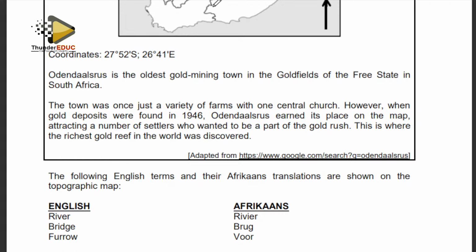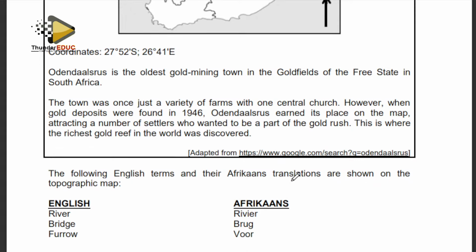This is where the richest gold field in the world was discovered. So basically, we get that content. You might find some questions that will require you to come back to this extract, and then we'll refer to it. I hope you're with me, and I hope I'm very clear.